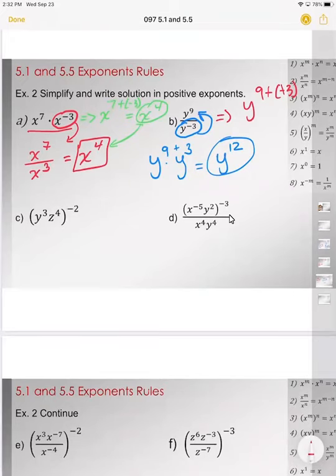How would we go about simplifying this item? First of all, we know that between Z and Y, we cannot combine anything because they are different bases. So the only thing we have here, ladies and gentlemen, is a product raised to a power, right? So if we have a parenthesis, just like before, I want you to get rid of that parenthesis by distributing, multiplying them.